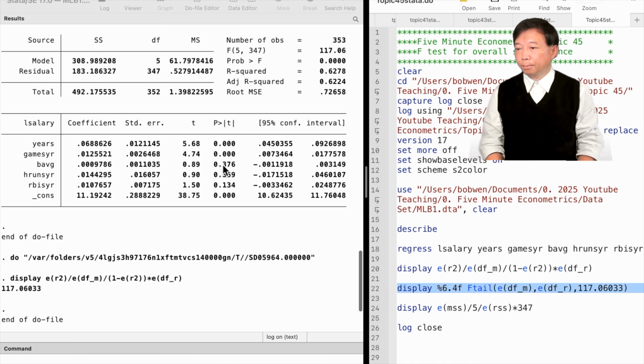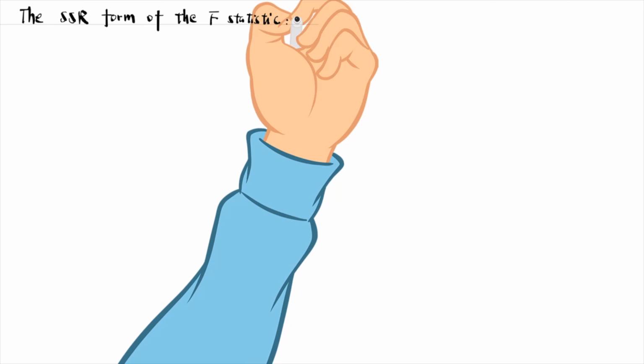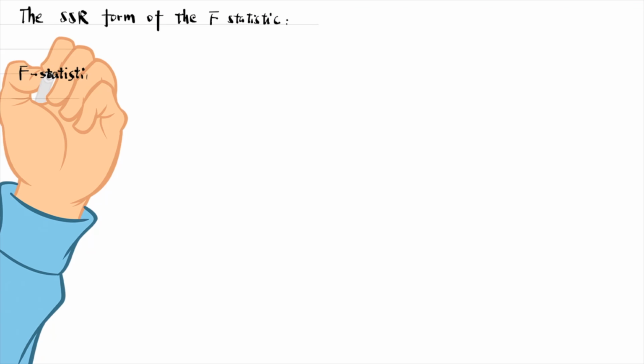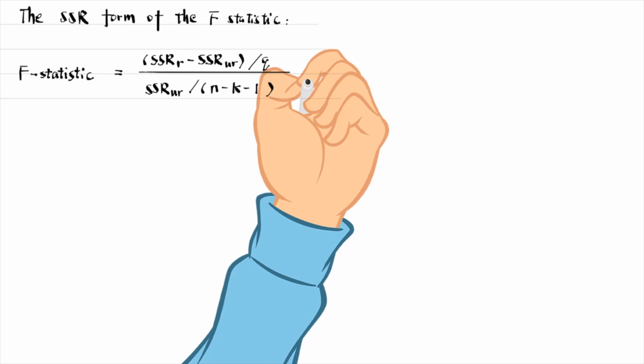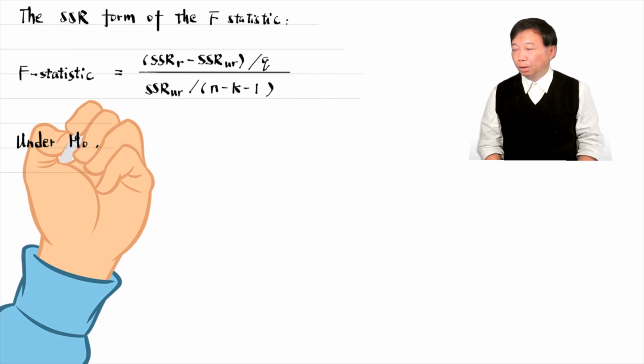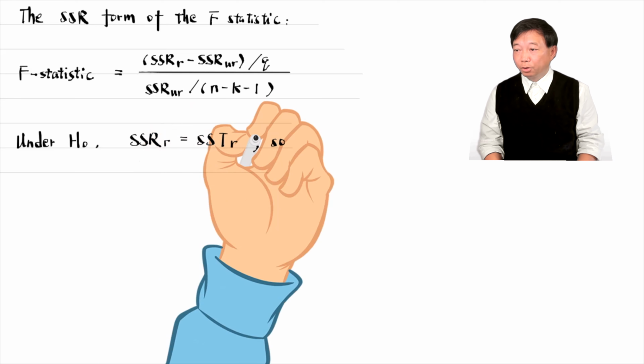We can also use the residual sum of squares form of the F-statistic to compute it. For the restricted model, there were no explanatory variables, so the residual sum of squares equals the total sum of squares.